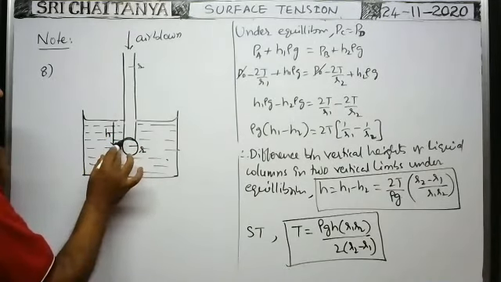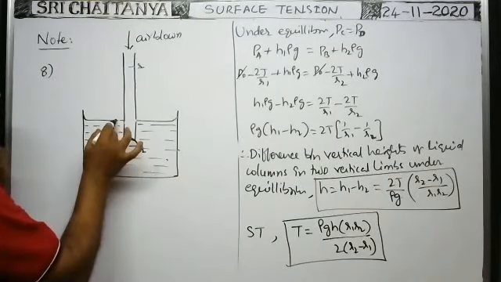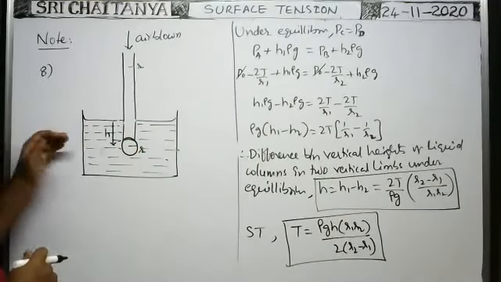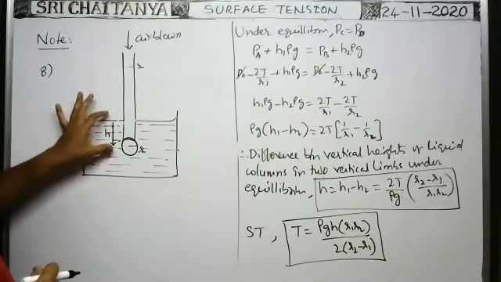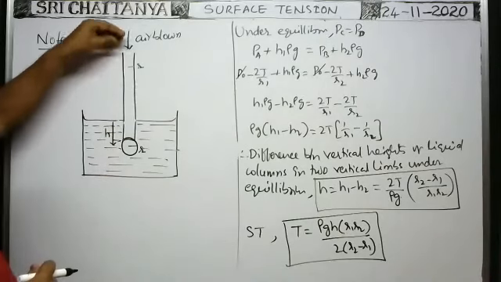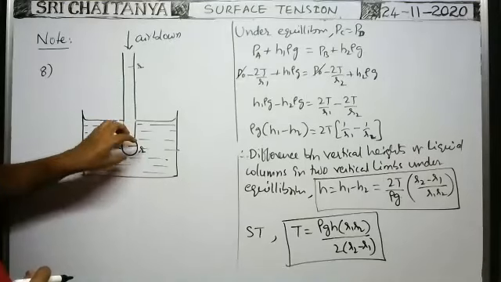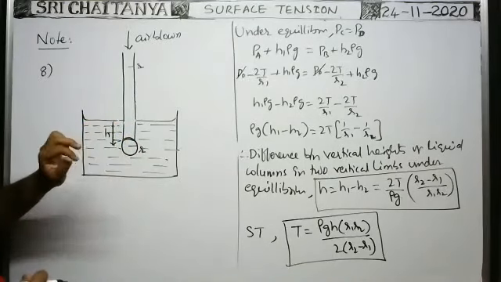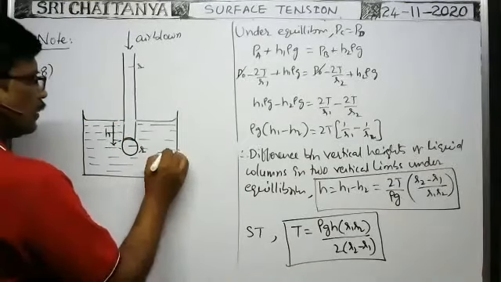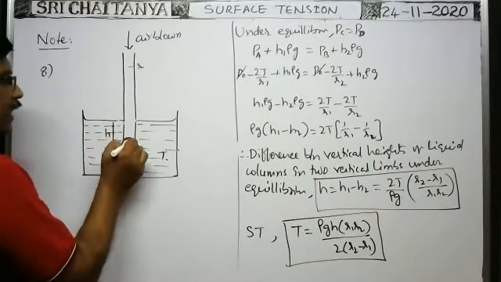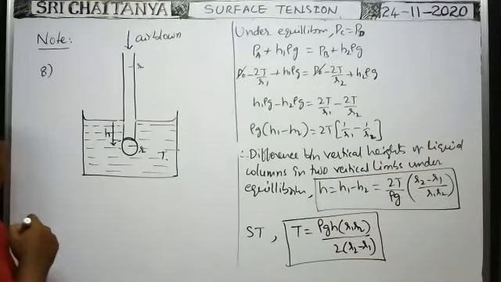That's why the bottom of the capillary tube and the surface of the liquid are both at a depth h. If the surface tension of the liquid is T, then what is the total pressure of the air inside the bubble under equilibrium?